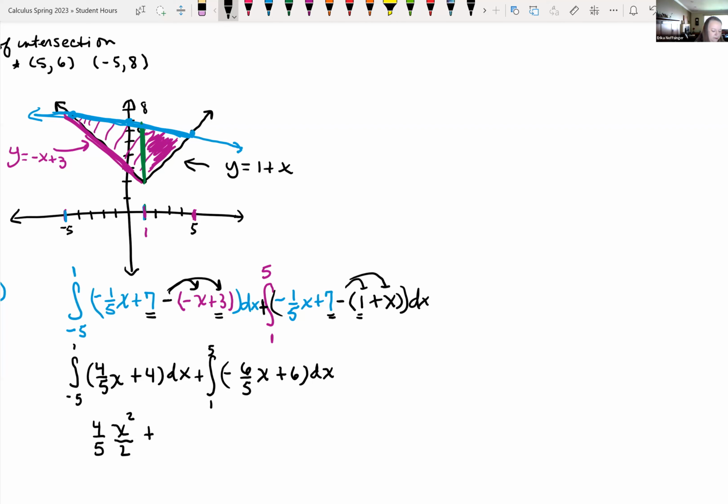Plus the antiderivative of 4 is 4x, and we're evaluating this from the bounds negative 5 to 1. Plus, the antiderivative of negative 6/5 x: adding 1 to our exponent of x, we get an x squared, divide by the 2. Plus the antiderivative of 6 is 6x. And this is from 1 to 5.